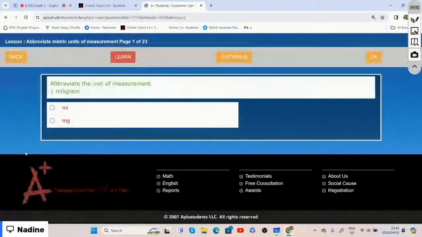All right, now we're going to our test, where we are going to abbreviate metric units of measurement. We need to abbreviate 1 milligram. Is it MI for milligram or MG for milligram?